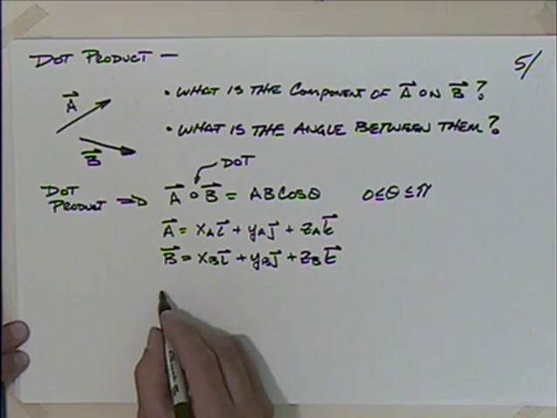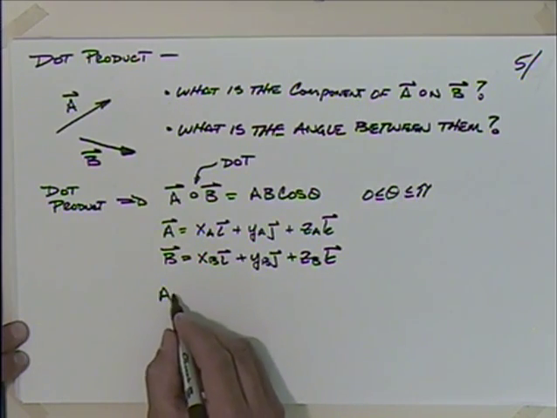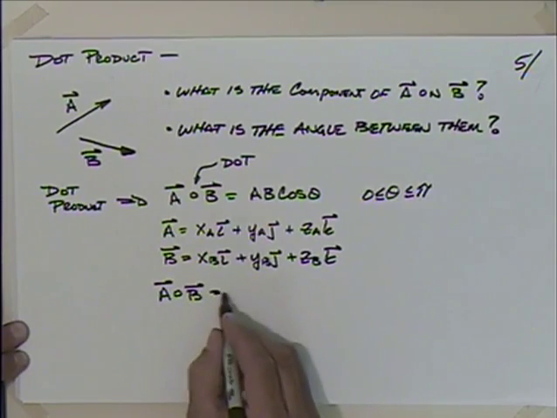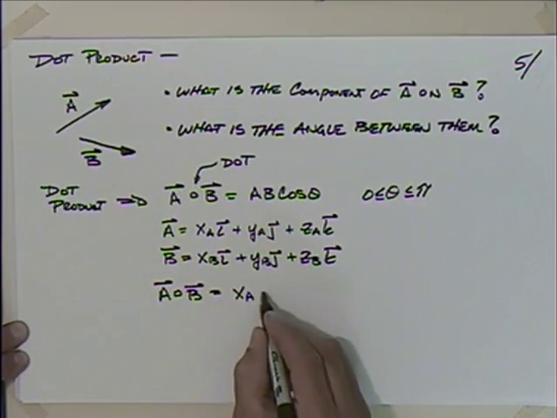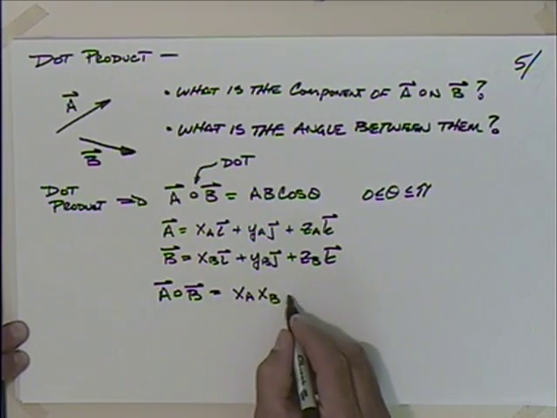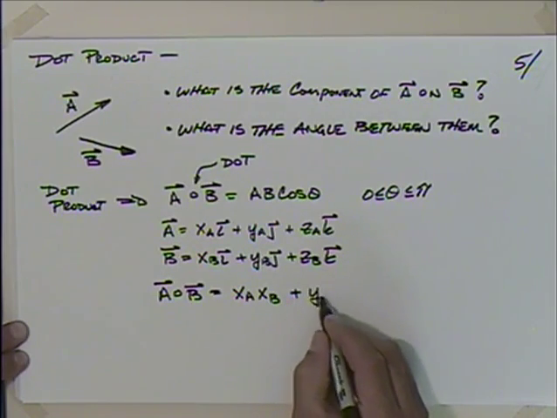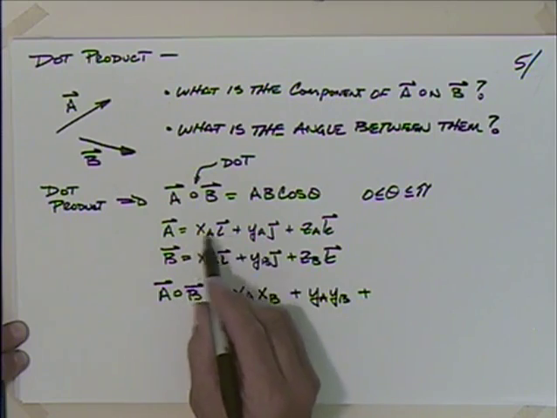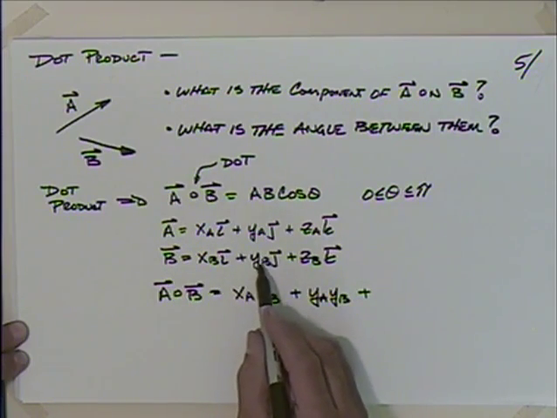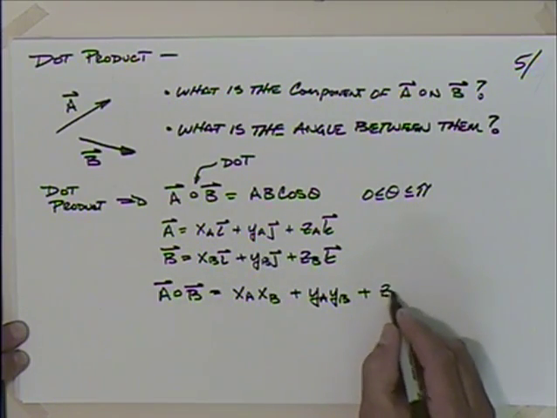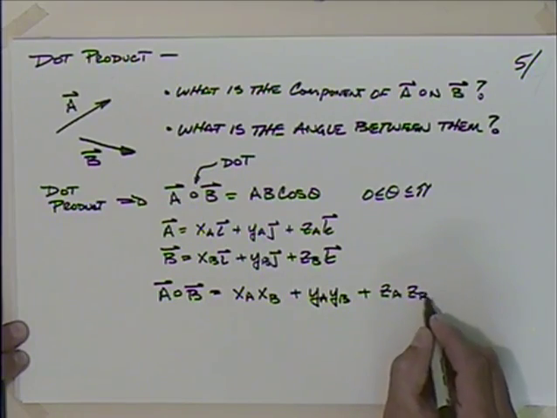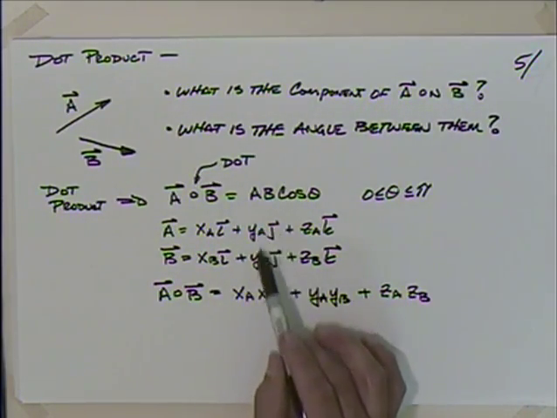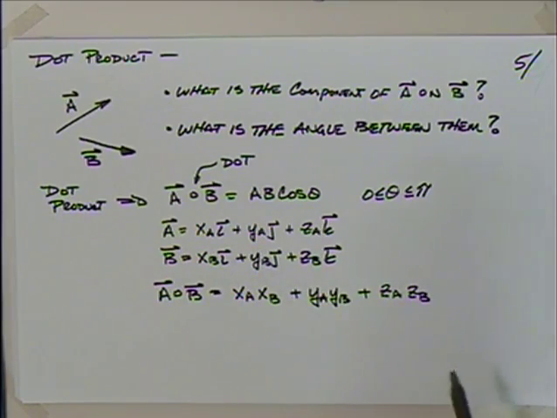So by definition, A dotted with B is equal to x sub A times x sub B plus y sub A times y sub B plus z sub A times z sub B. So multiply the x's times the x's, y's times the y's, z's times the z's, and add them up.